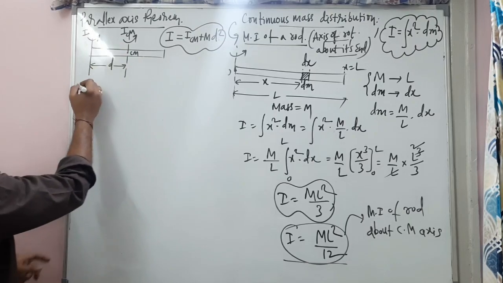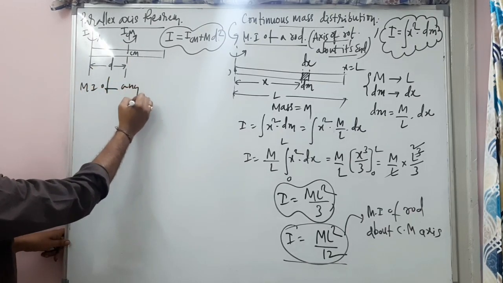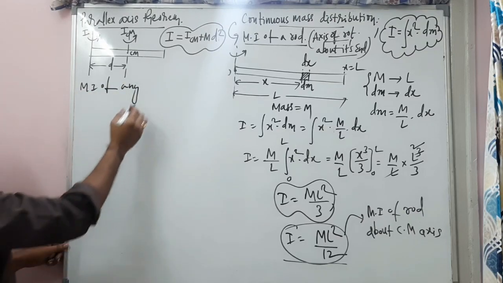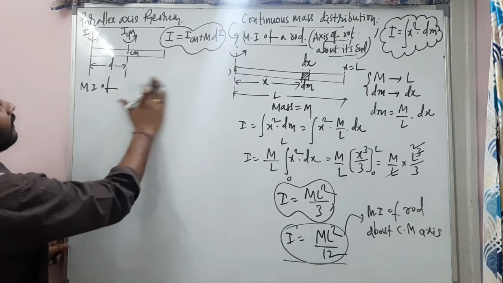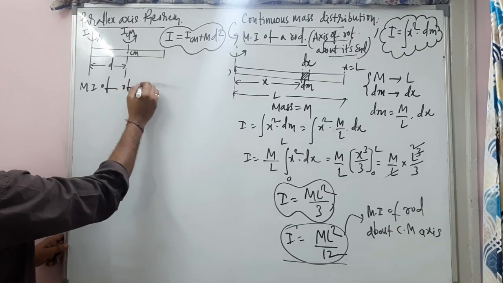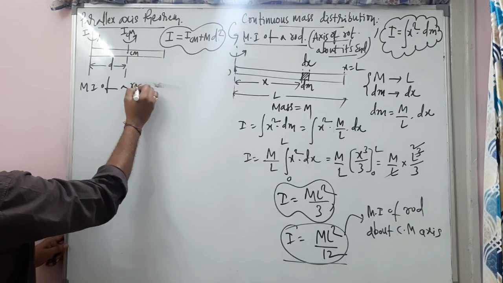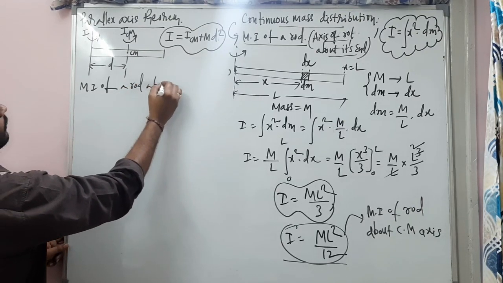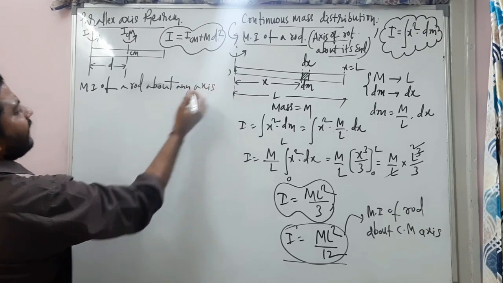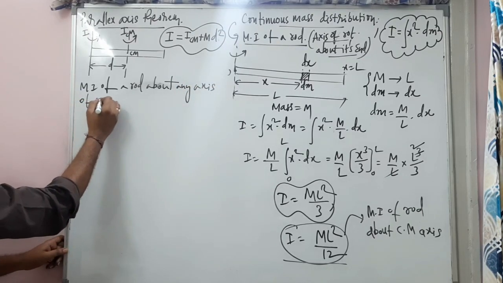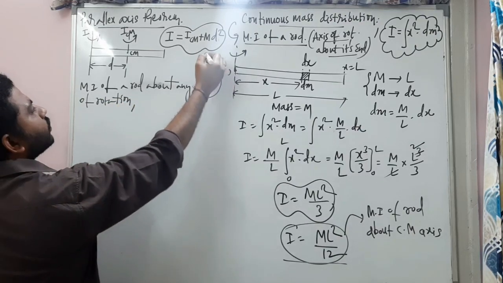Moment of inertia of a rod about any axis of rotation we can find by using this formula.